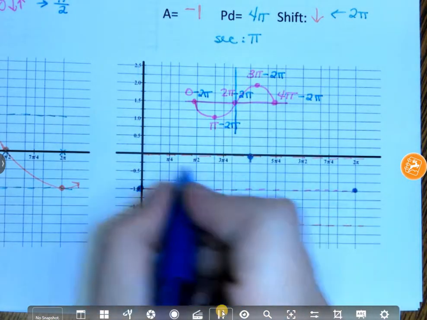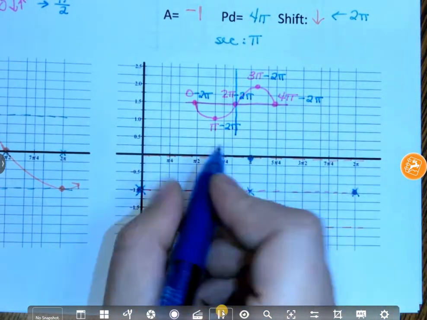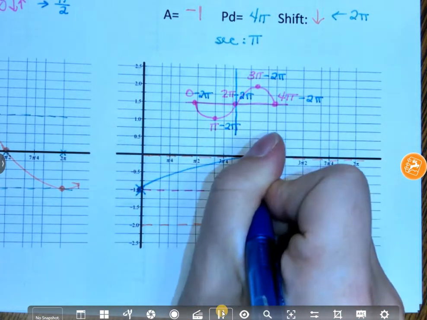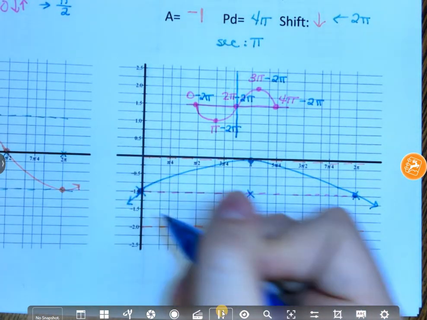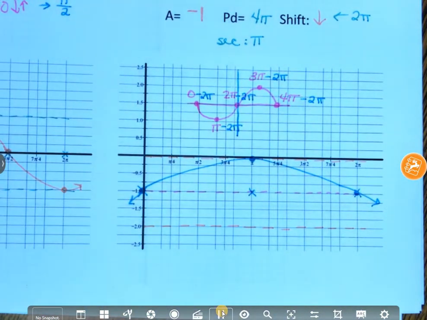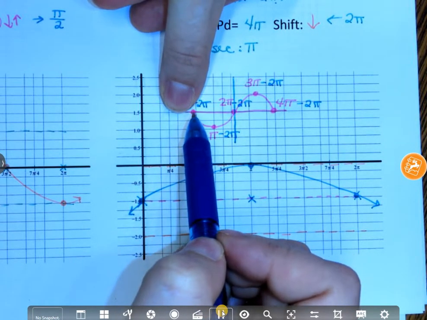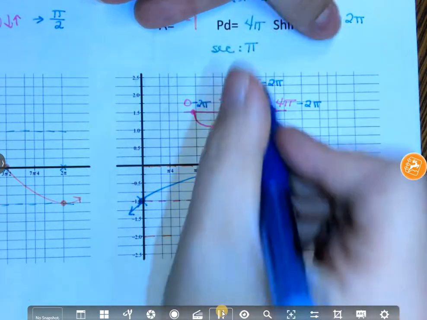Or, as long as you know what your sections are, you can think top, middle, bottom. The reason why we've shifted the whole graph 2 pi, so rather than starting here, we're starting here and going up.